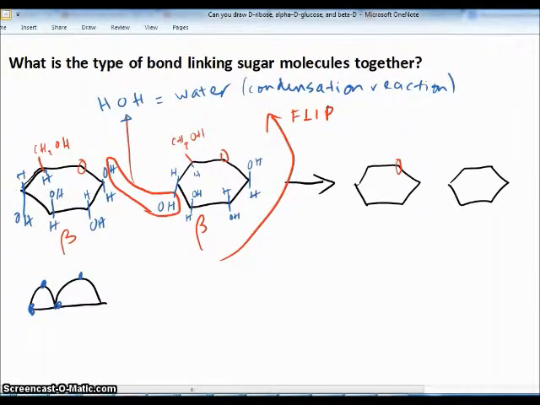And when this molecule flips, this O, which used to be here, is going to be flipped downward over here. Then the CH2OH group, instead of being up here, is flipped down towards CH2OH being down here. Now the first molecule stays exactly the same, just the CH2OH group here.